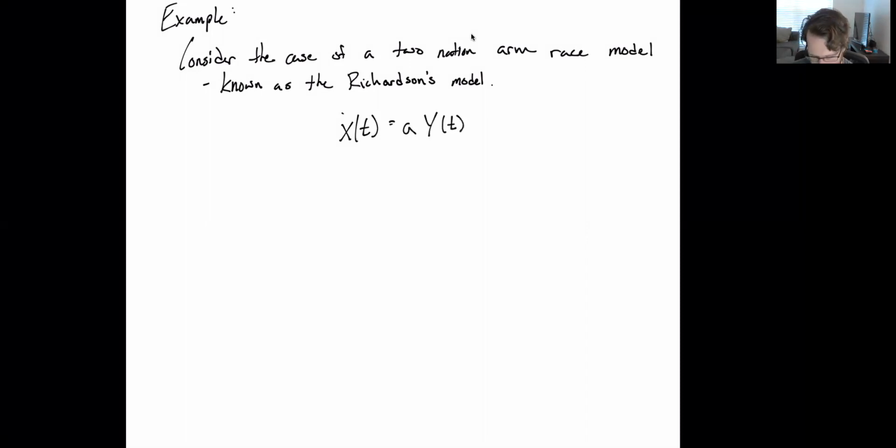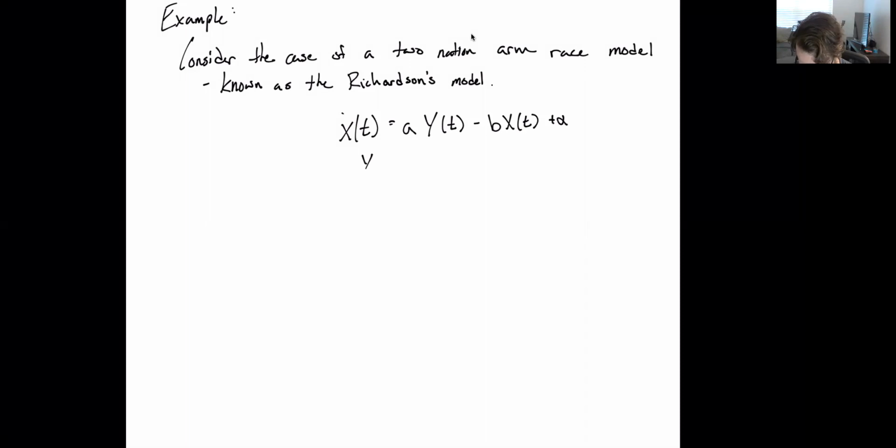So X is one nation state's armament, and Y is another nation state's armament. And let me finish writing this down.